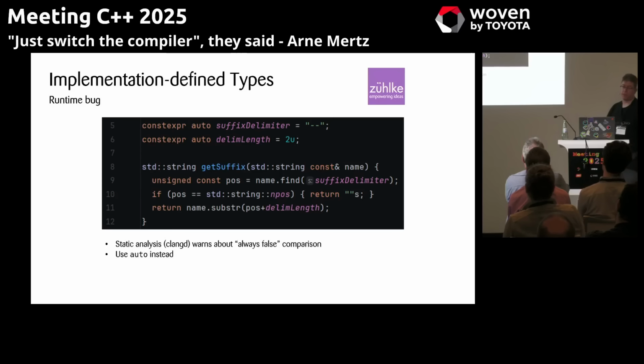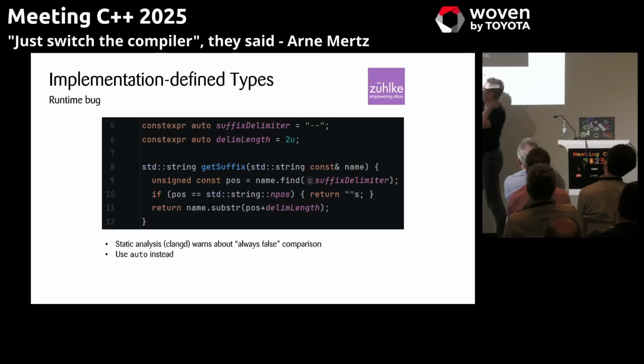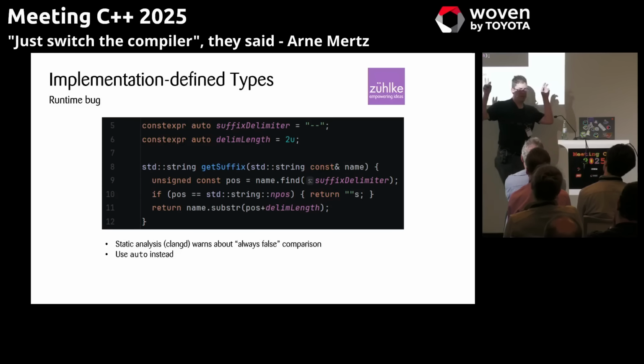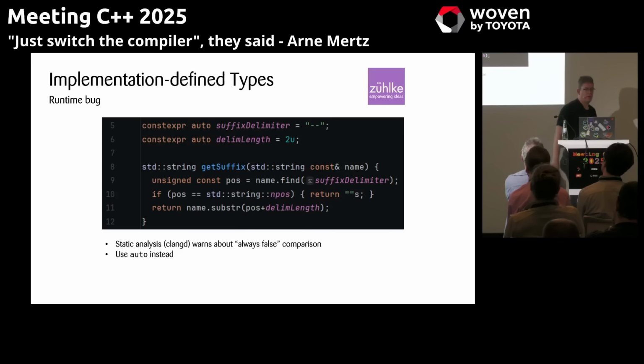What we could do here is, well, to write this, I had to turn off clangd because clangd helpfully just gave me squiggles in CLion when I tried to reconstruct this. You can use auto with newer C++, newer since C++11, and then it'll just do the right thing. Or you can write size_t.